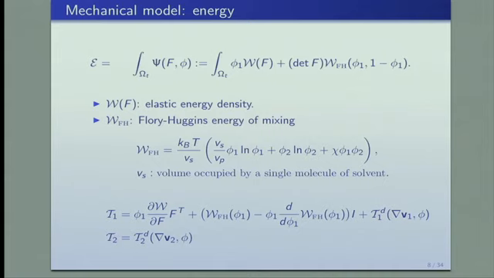Normally this ratio is very small, and in many approaches in mixtures you don't see this term. Okay, so if we now do a variation of the energy, as usual, we get the stress tensor. For the elastic material we get the elastic part, of course, and then we get the part which is a pressure, which is really the stress that comes from the forces from the mixing energy. From the variation just comes this.